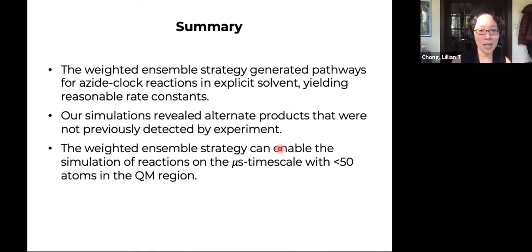And this is kind of a proof of principle that demonstrates that weighted ensemble can be used to simulate reactions up to the microsecond timescale with a similarly sized system, so less than 50 atoms in the quantum mechanical region.